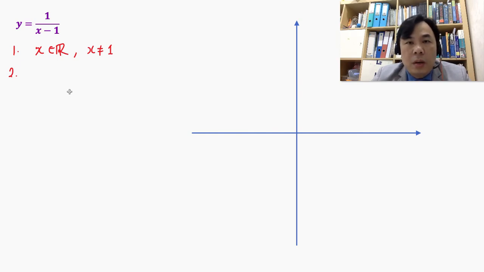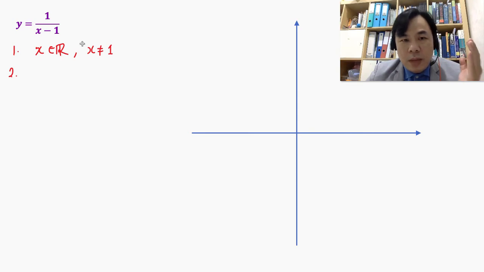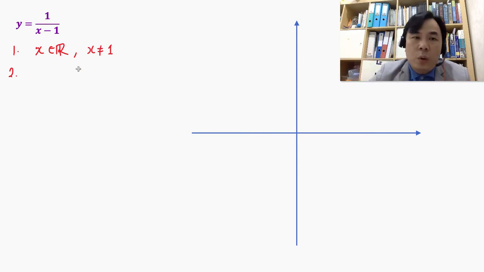Okay. Now we will notice that there is no x-intercept, because y cannot be equal to 0, right? So therefore we don't have any x-intercept, but we do have a y-intercept.